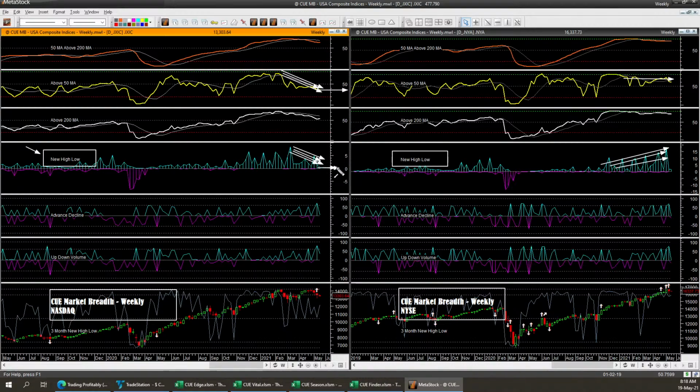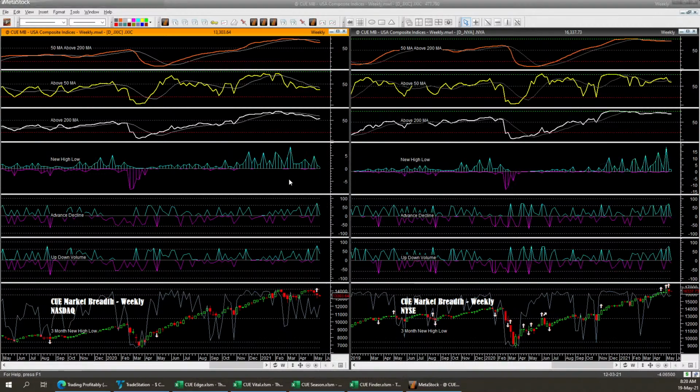So that is also above 0 for Nasdaq, though it is coming down. NYSE is much above 0 and gradually going up. Advance decline is still going up for both of them. Up down volume is still going up. So the internals are quite robust. Quite robust, I must say, based on data.